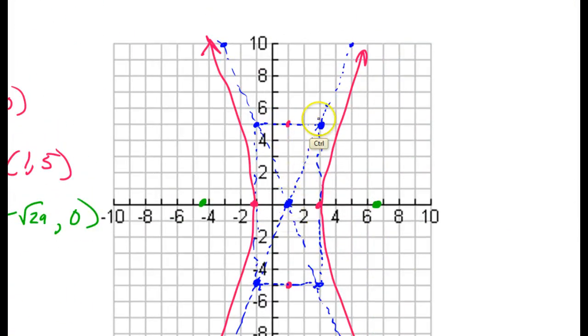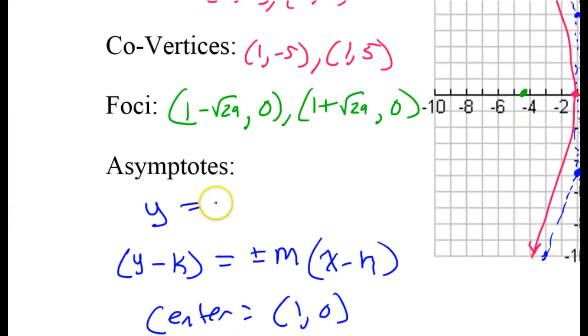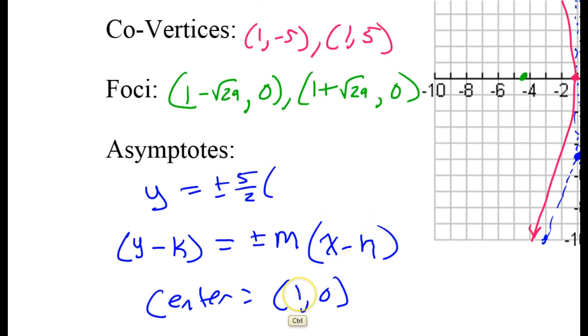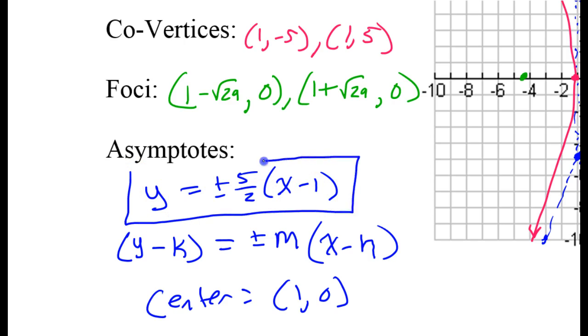So look at the rectangle. It was up 5 over 2, so that's the slope. So I'm going to put plus or minus 5 over 2. And then now the x coordinate is 1. So that's what is going to go right here. So x minus 1. So this represents the equation of both asymptotes.